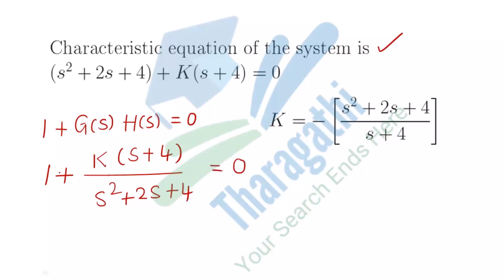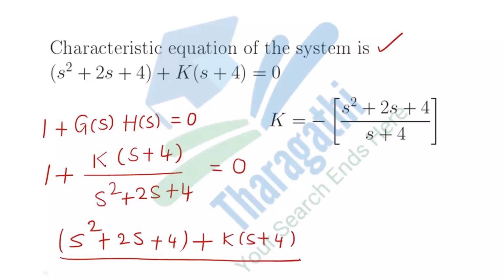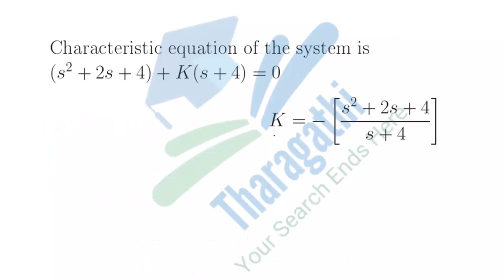You take the LCM, which gives (s² + 2s + 4 + K(s + 4)) divided by (s² + 2s + 4) equal to 0. The denominator should never be equal to 0, the numerator must be equal to 0. So the characteristic equation is s² + 2s + 4 + K(s + 4) = 0. Solve this equation and find the value of K.